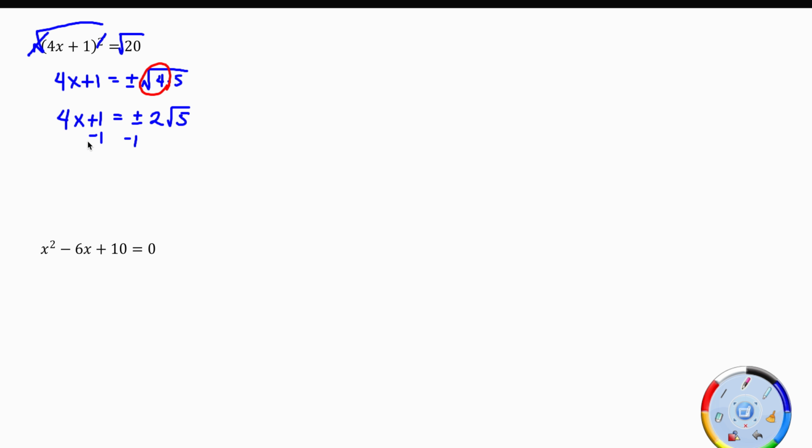Have to undo the values being added or subtracted first. So 4x equals negative 1 plus or minus 2 square roots of 5. And divide by 4 to get that x all by itself. So finally, x equals negative 1 plus or minus 2 square roots of 5, all over 4.